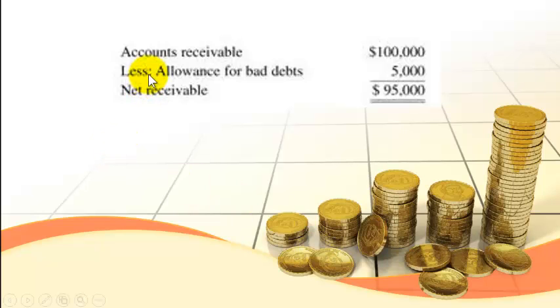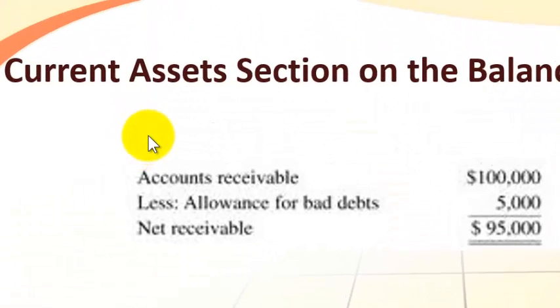This is how it would look in the balance sheet in the current assets section. So you can see that's just a little excerpt. You would have a heading here, current assets. You would have other current assets like cash at bank, inventory control account, and so forth. But this is the important bit.